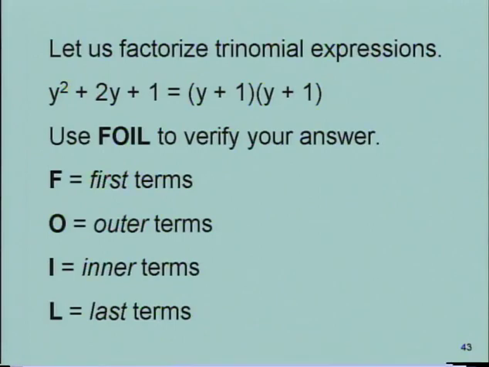I will refer to the inner terms, the inner terms being the second term of the first factor, which is 1, and the first term of the second factor, which is y. L will refer to the last terms, that is, the last term of the first factor and the last term of the second factor.